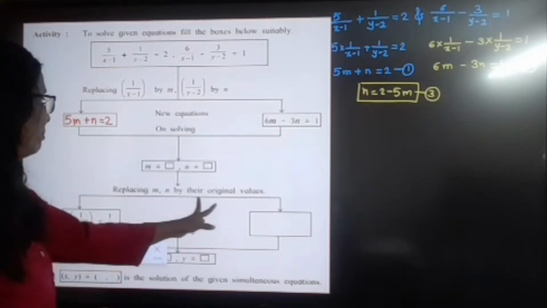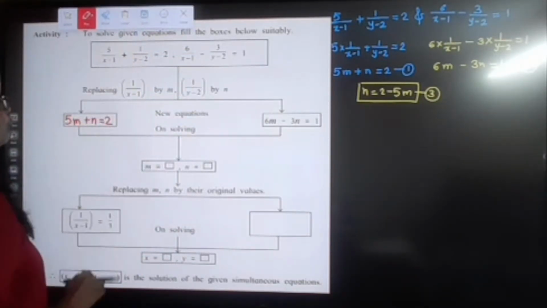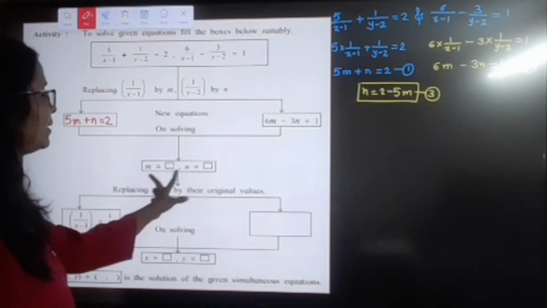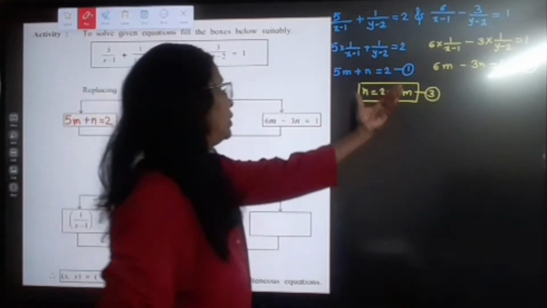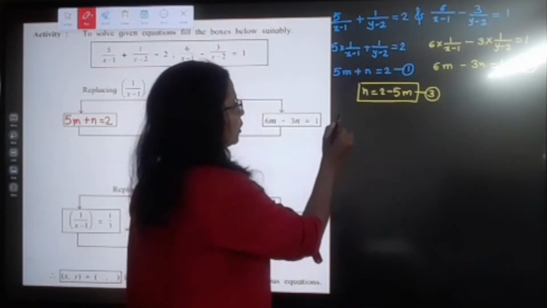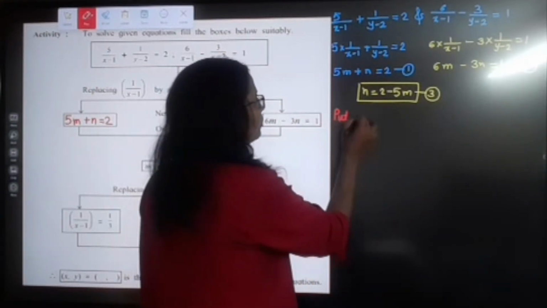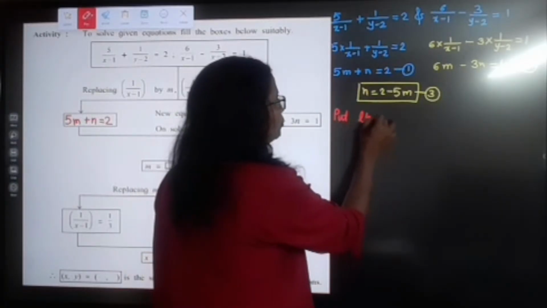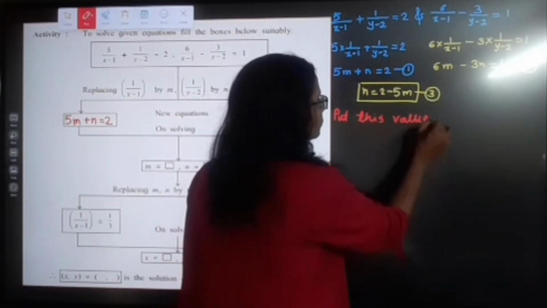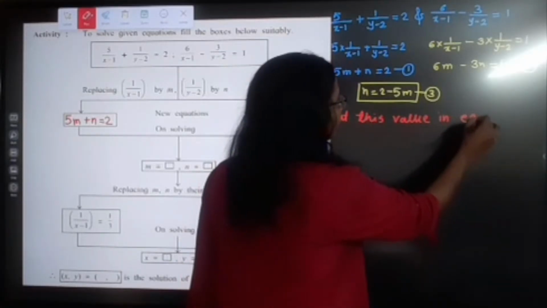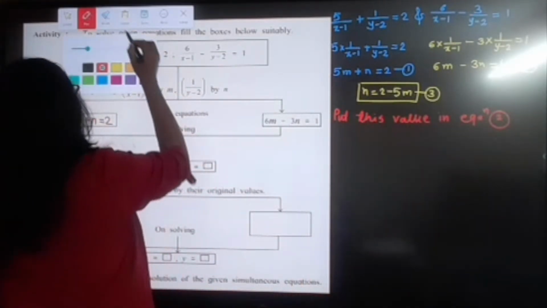Replacing m and n by their original values. So students, we have to calculate this m and n. This process is carried out by the substitution method. I write here, put this value in equation 2.